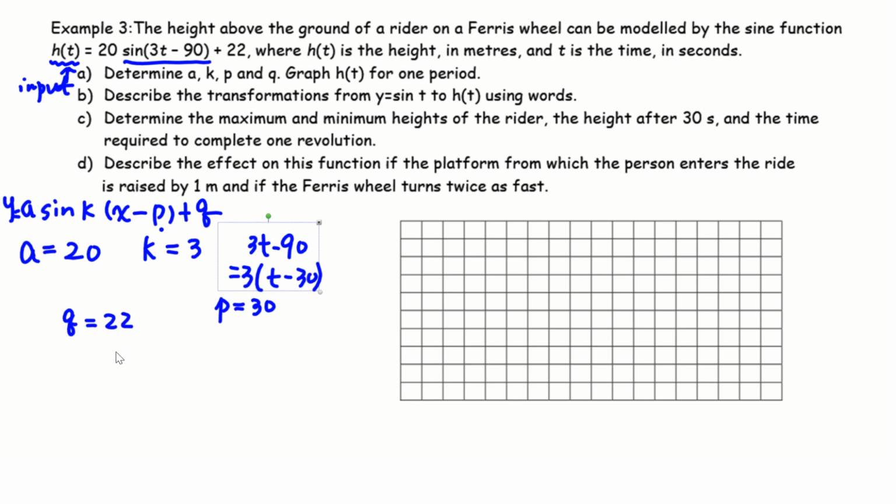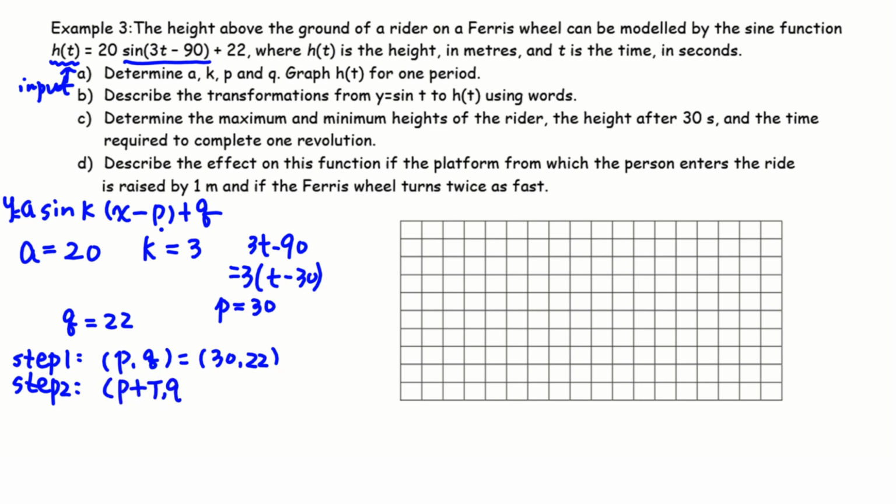So after we determine it, then we are going to graph it. We are going to use a shortcut to graph it. So that shortcut is step 1, we find the starting point, p, q. So the p, q is 30 and 22. Then step 2, we are going to use the period to find p plus the period, then q.